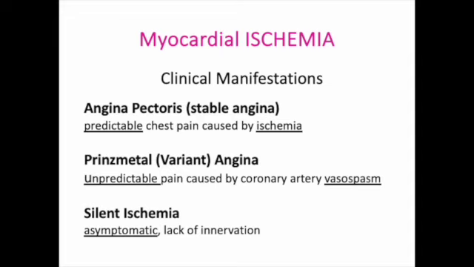Individuals with reversible myocardial ischemia can present in other ways than just stable angina. They can also present with variant angina or Prinzmetal angina. And this is when the pain is very unpredictable. They don't know when it's going to happen, and this is caused by artery vasospasm.